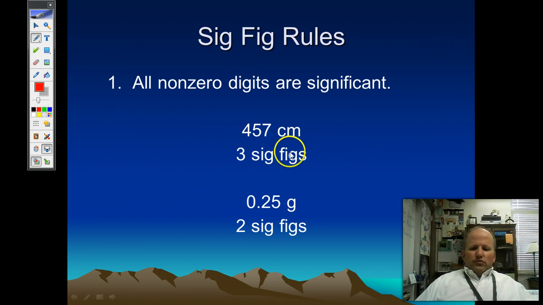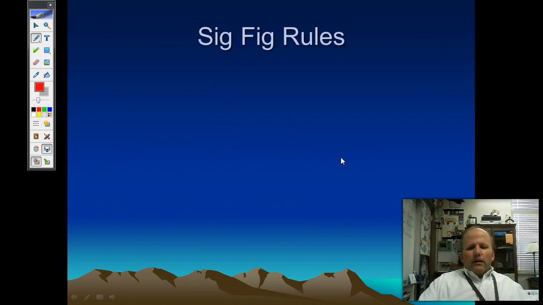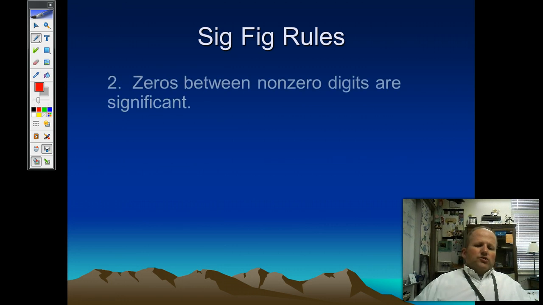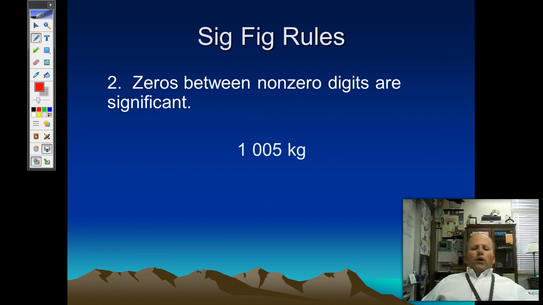Number 2, zeros between non-zero digits are significant. So if you have zeros between our non-zeros, 1 through 9, then they also are significant. The examples here, 1,005 kilograms.